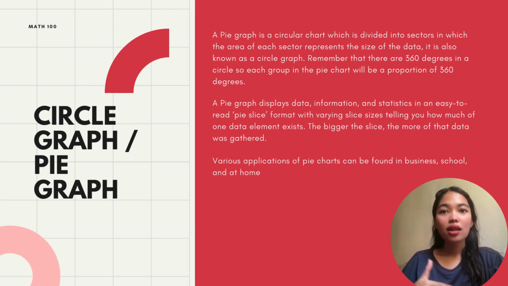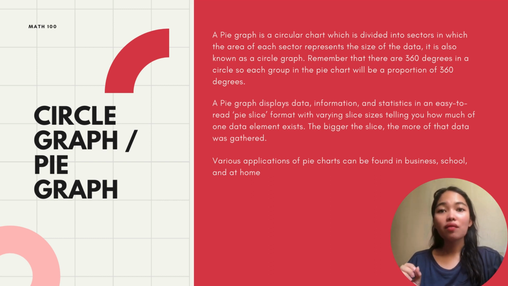So the size of each slice in the pie graph indicates the relative magnitude or significance of the corresponding data category. Larger slices represent categories with higher values or percentages within the data set, with smaller slices representing categories with lower values or percentages.